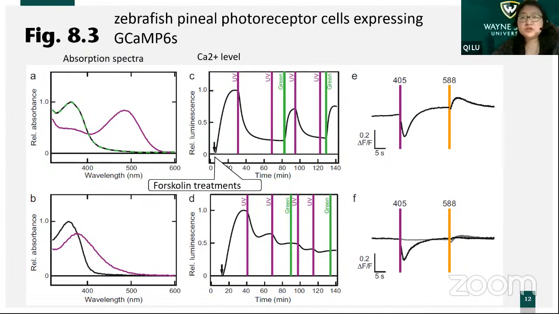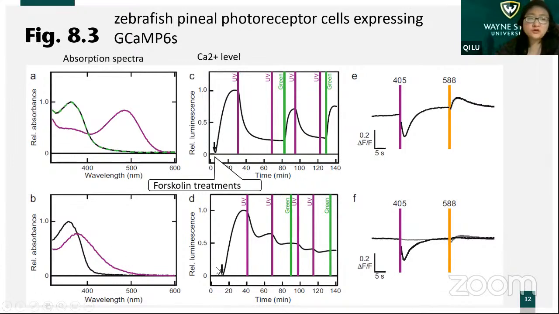So all of this shows that this works in photoreceptor cells, and that these signals can be expressed in another species and controlled by light.